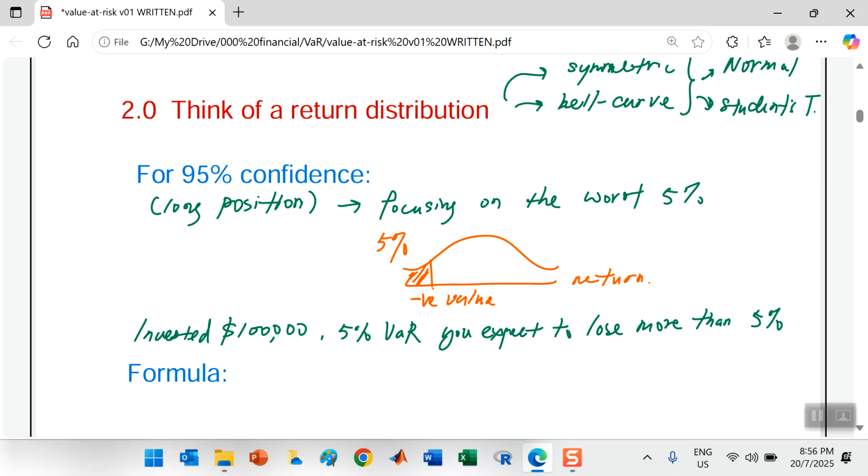So 5% means $5,000. Okay, so this one is only 5% of all the cases, all the historical data.